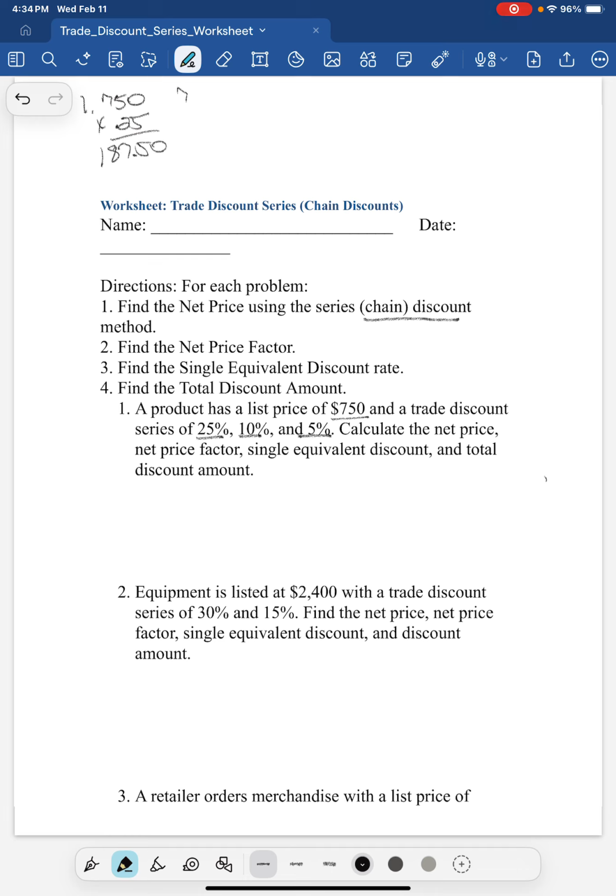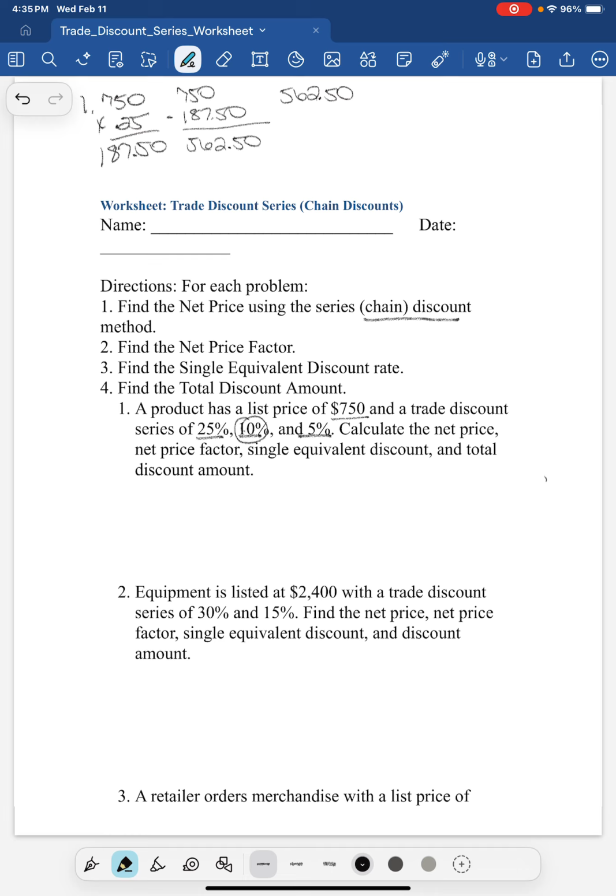You subtract that from your original price, so $7.50 minus $187.50 equals $562.50 as your price.